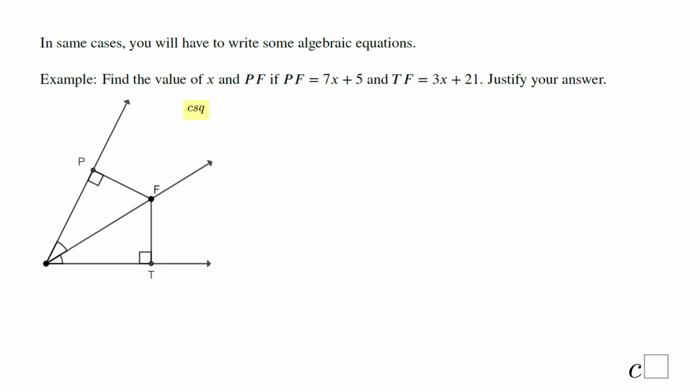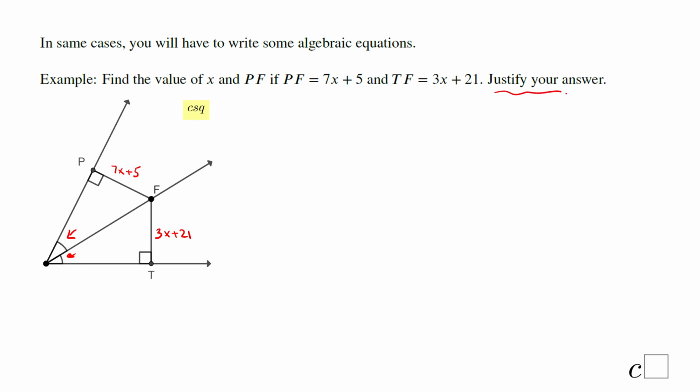In some cases you have to use algebraic equations to solve your problem. Find the value of x if PF is 7x plus 5 and TF is 3x plus 21. Justify your answer. We notice here we have an angle bisector.